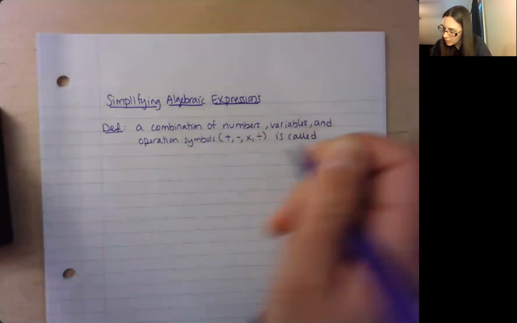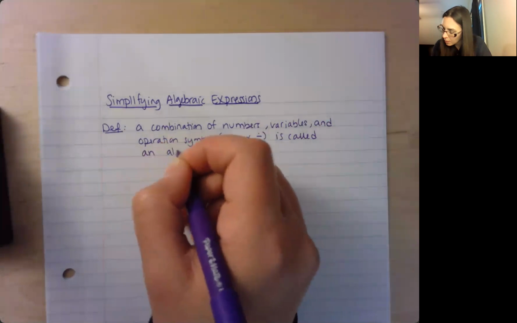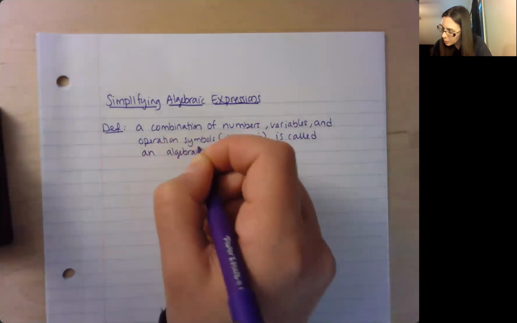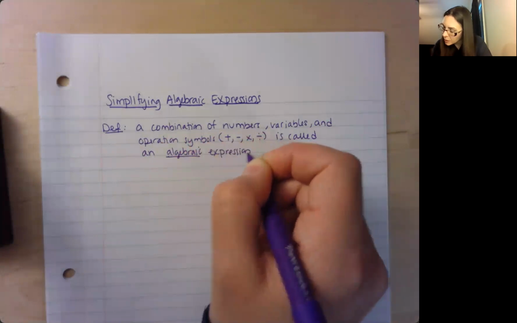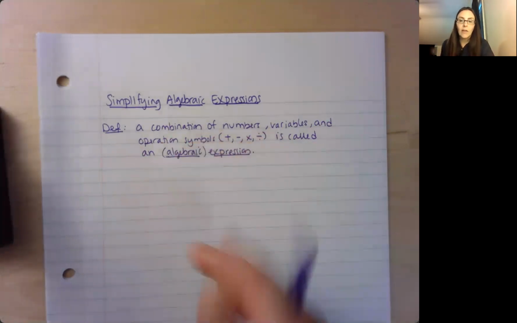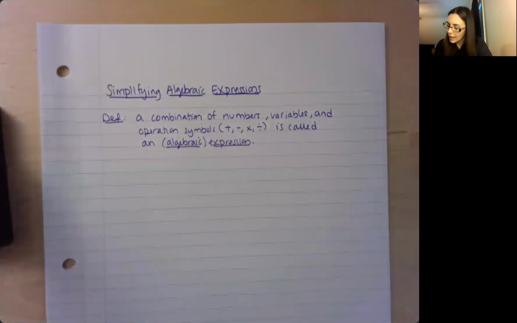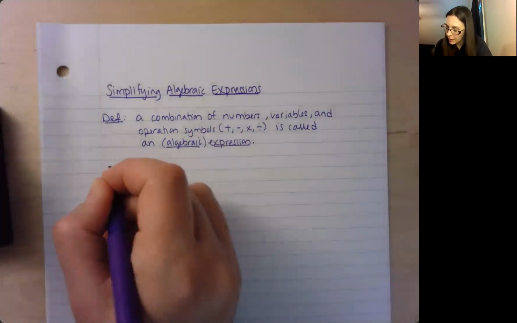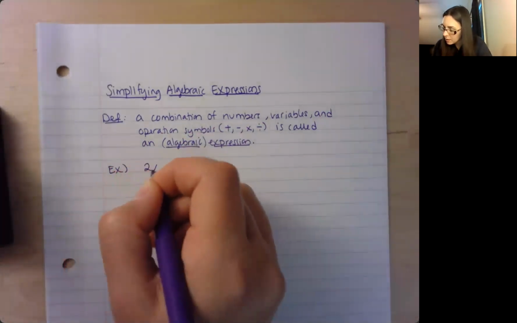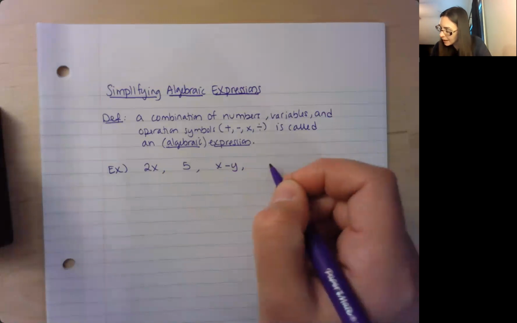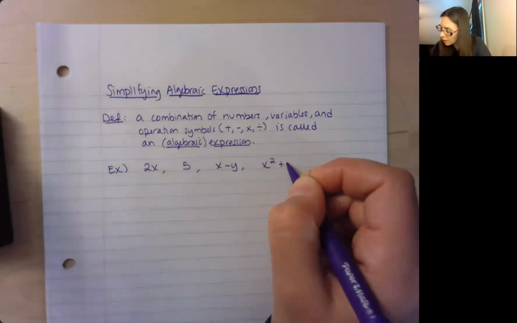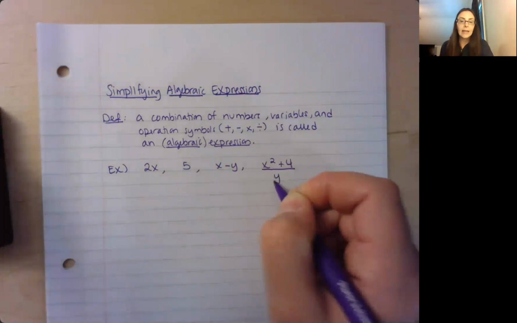Is called an algebraic expression, or often we'll just say expression. So sometimes we'll leave off that word algebraic. And examples here would be things like 2x, the number 5, x minus y, x squared plus 4 over y, etc.